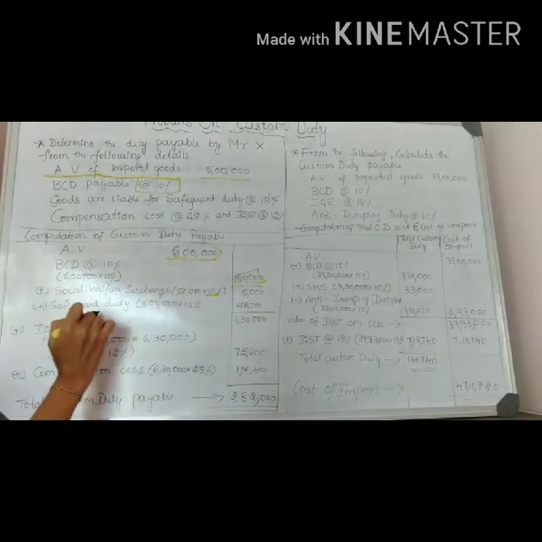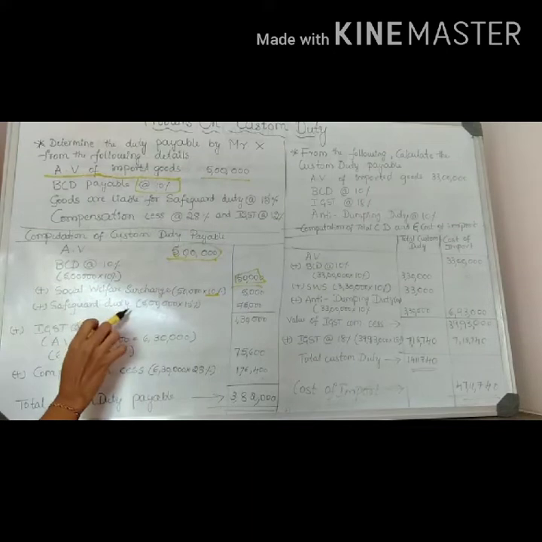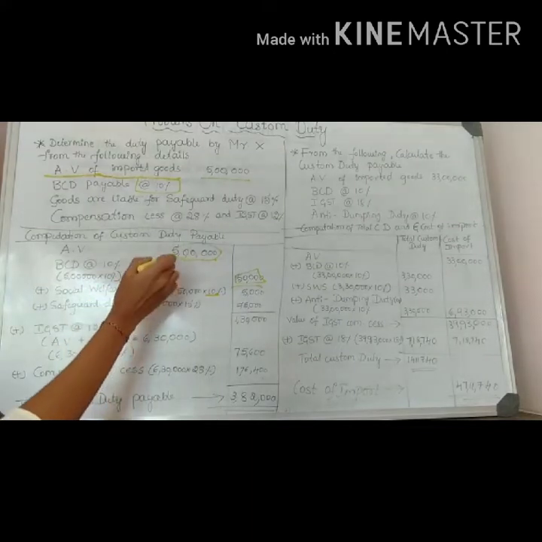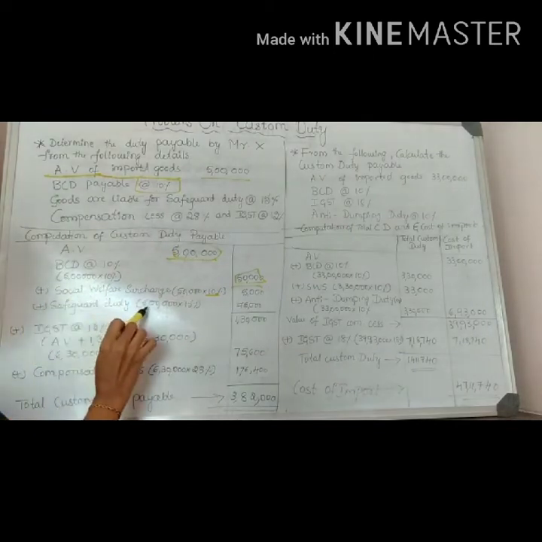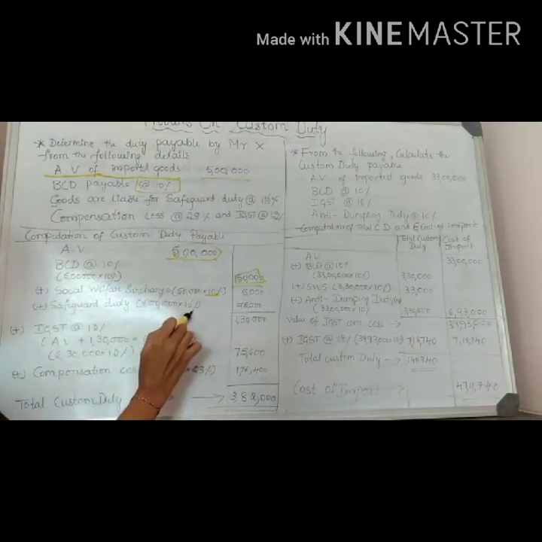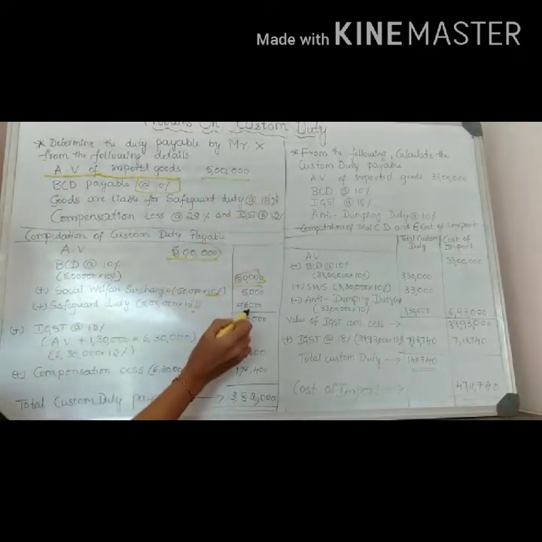Plus safeguard duty, which is calculated on the assessable value: 5 lakh into 15%, so 75,000. So total 1,30,000.